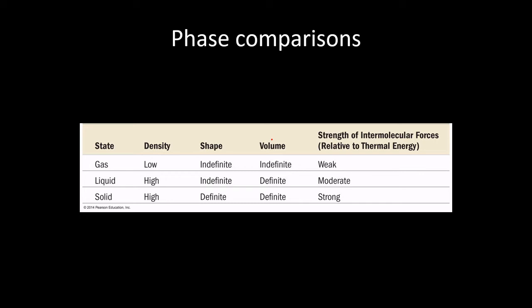A couple other things here that we discussed in General Chemistry 1 as well, but you might remember we said that gases and liquids have indefinite shapes, so they take the shape of their container, while solids have a definite shape.